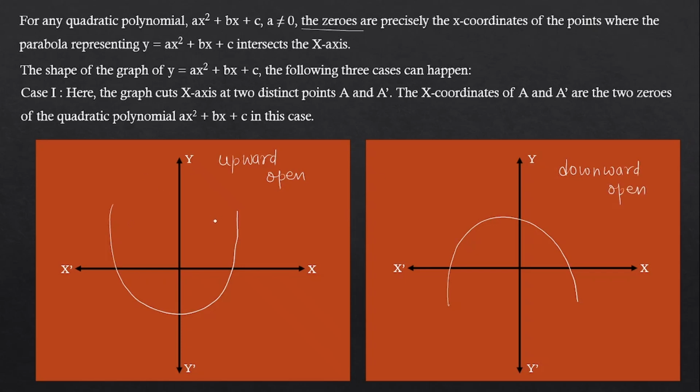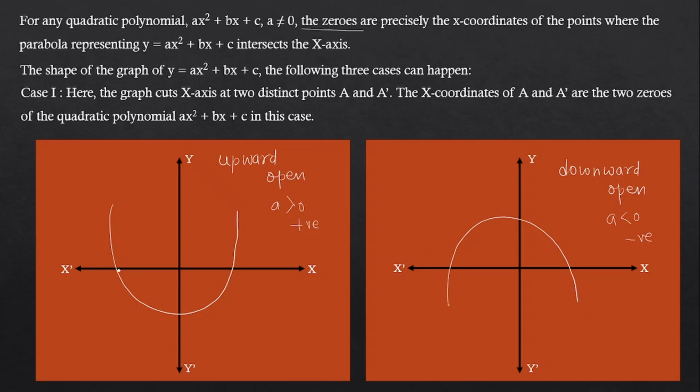When do I get an upward opening parabola? When the coefficient of x squared, that is a, is greater than 0 or positive, we always get an upward opening parabola. If a is less than 0 or negative, we get a downward opening parabola.